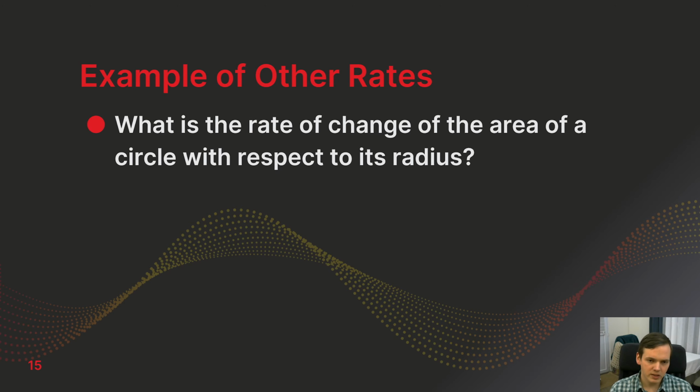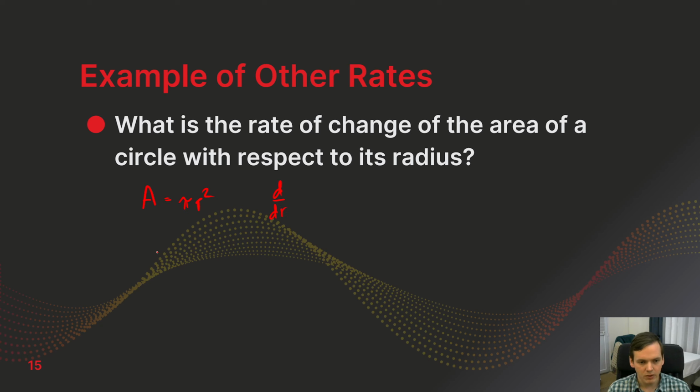So here's a quick example of where we might use this with other rates. What is the rate of change of the area of a circle with respect to its radius? Well, let's start with what is the area of a circle? It's pi r squared. And if we want to find the rate of change with respect to the radius, we need to take the derivative with respect to the radius.